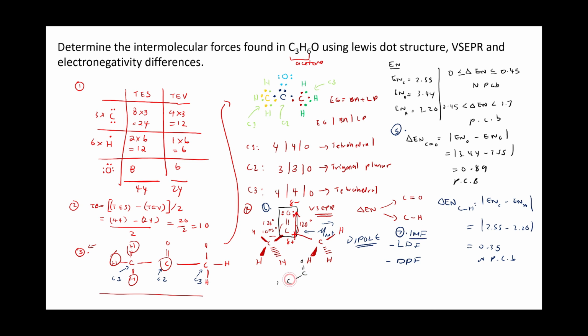I'm going to write this as CH3 because we're not really looking at it. This is partial negative and this is partial positive, right? You wouldn't get hydrogen bonding. You would just get a dipole-dipole force here, right? So that's why these are the intermolecular forces found in acetone.